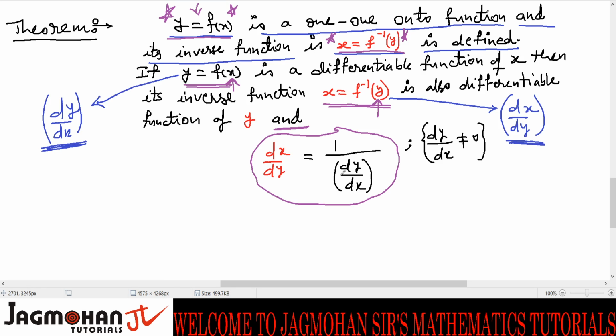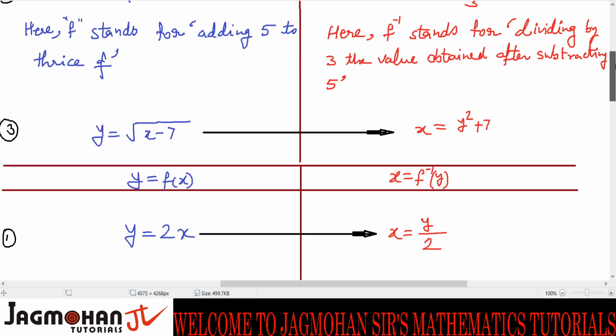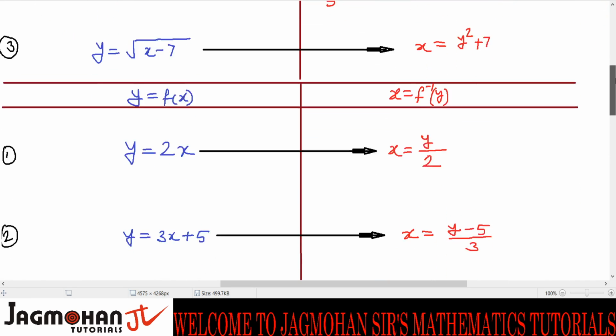This statement you have to remember. dx by dy is 1 upon dy by dx, where dy by dx should not be 0, because if it is 0, then the denominator becomes 0 and this will be undefined. So we are going to take a few examples to make this more clear.